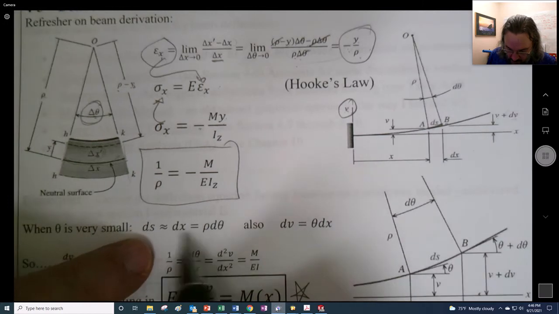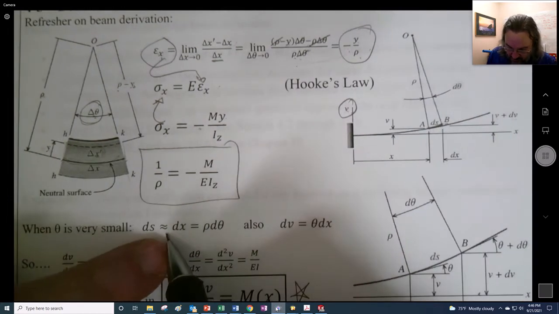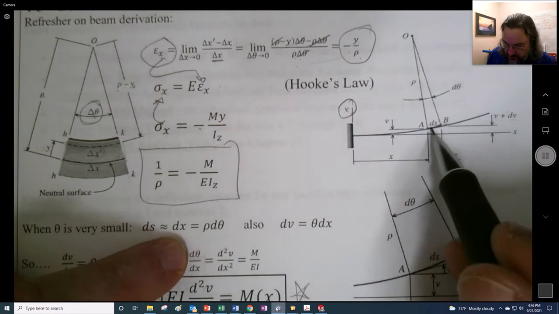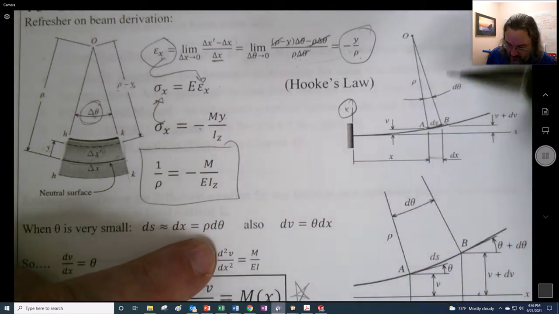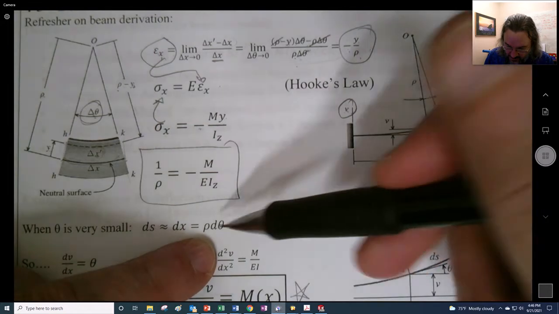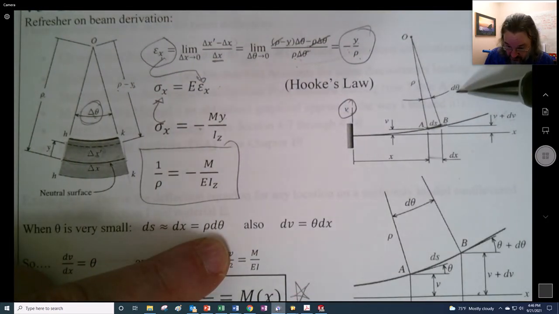So first off, what we're saying is that the arc length of this thing is approximately equal to dx. If we're talking about small stuff, this is the length of the arc versus this is the distance, and the arc length is going to be rho times d theta.